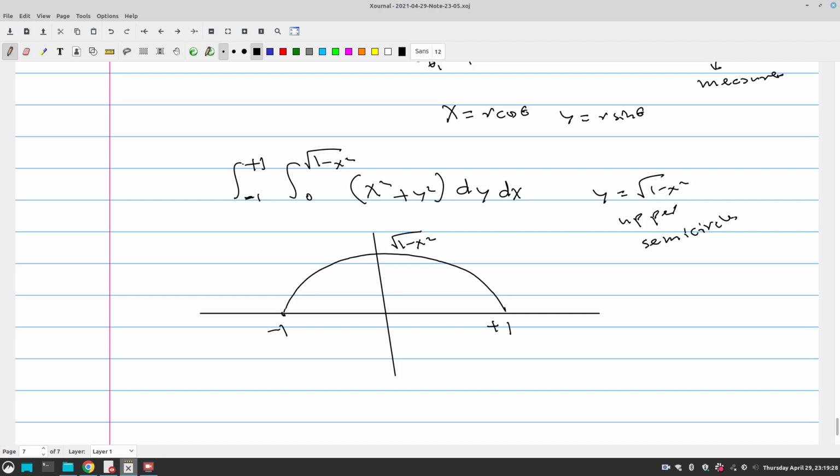This semicircular part, right? Okay, so this is a region in Cartesian coordinates, but the region can be expressed more simply in polar coordinates, simply by D equals r, theta, r goes from 0 to 1.